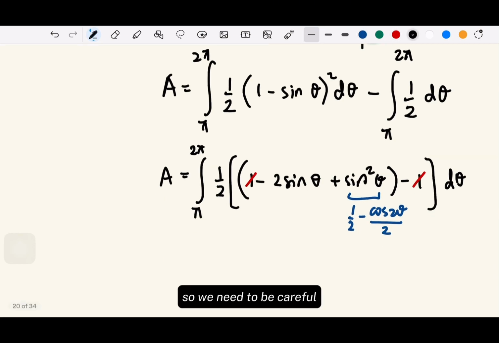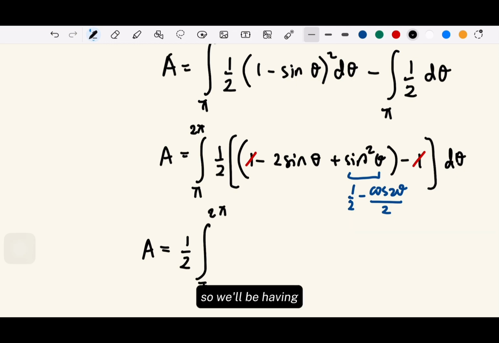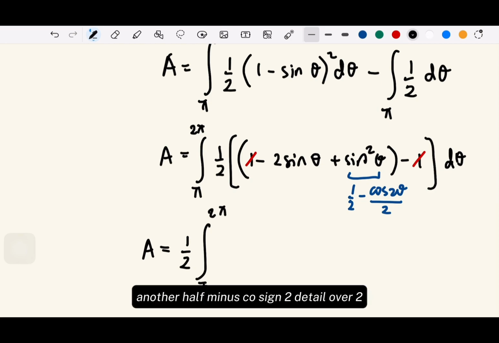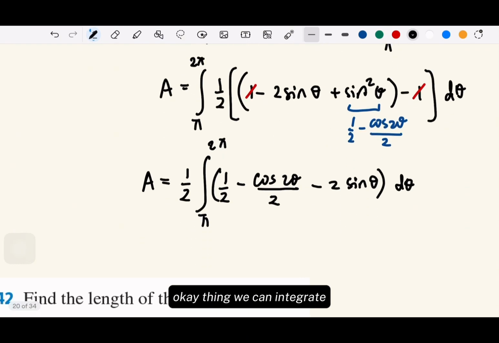So we need to be careful. So half, so we'll be having another half minus cosine 2 theta over 2 minus 2 sine theta. Okay, I think we can integrate.